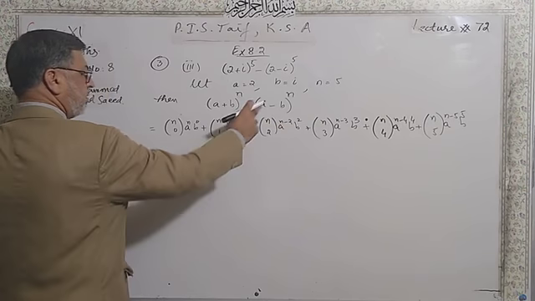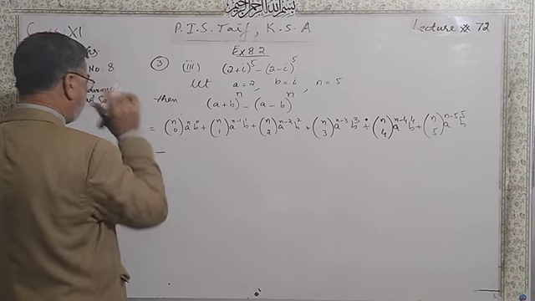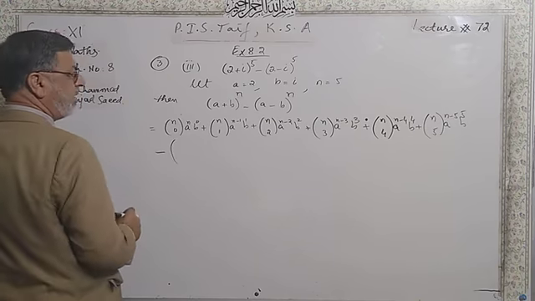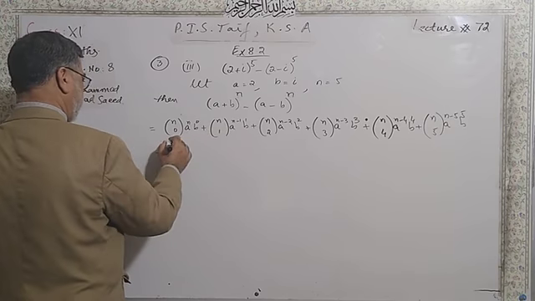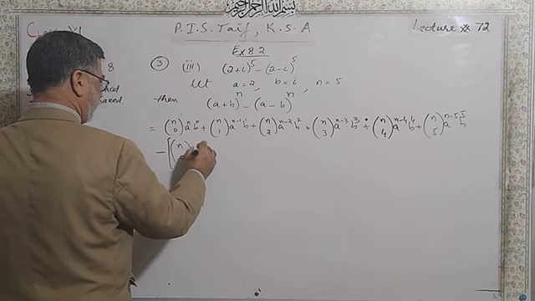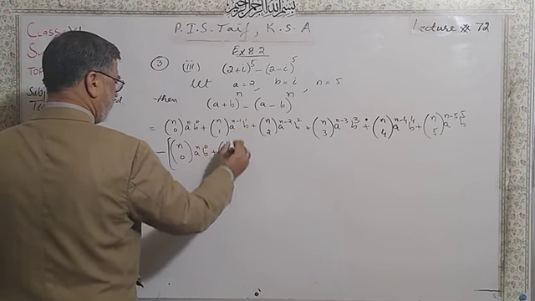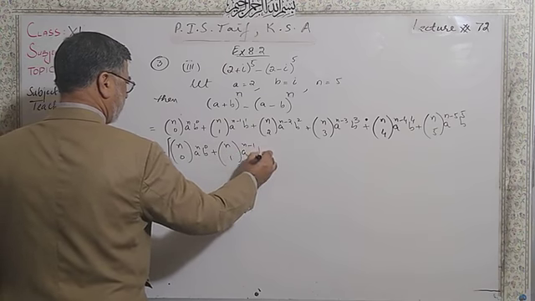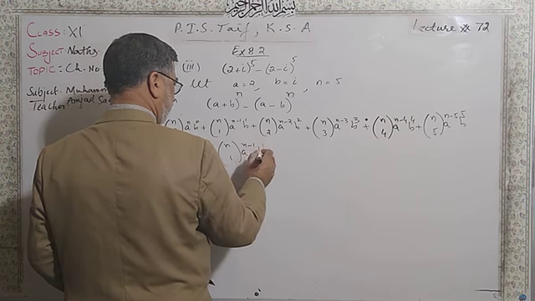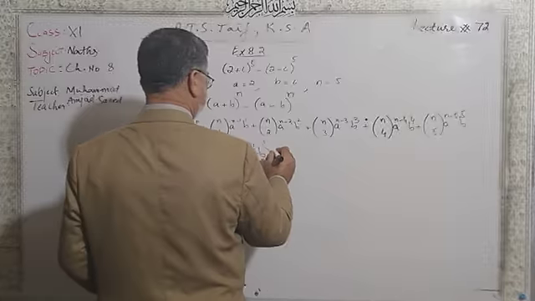Then minus the same, all the terms will be the same, but here you will have a negative sign outside. nC0 a^n b^0, nC1 a^(n-1) b^1 where b is minus b power 1.